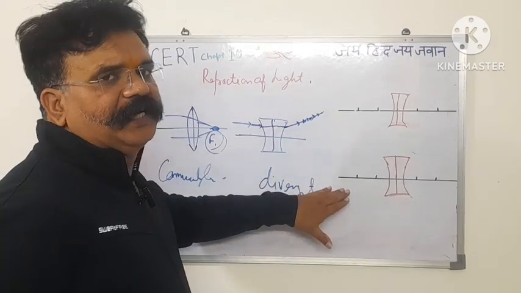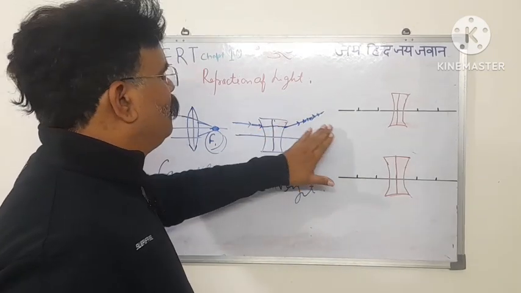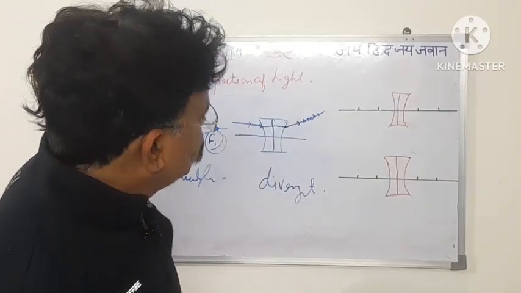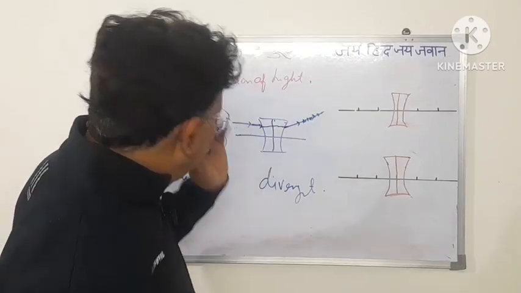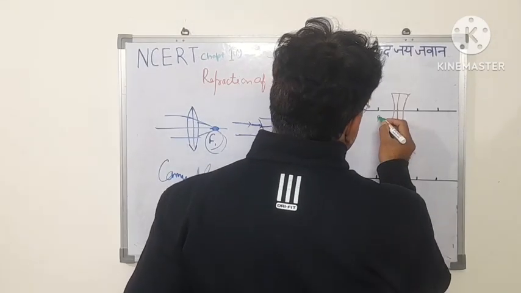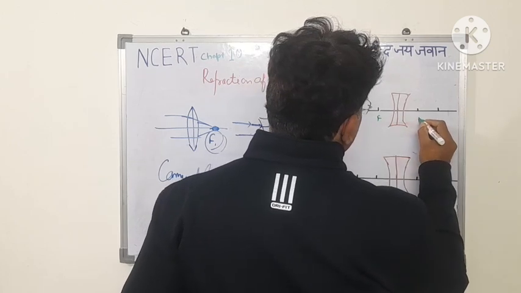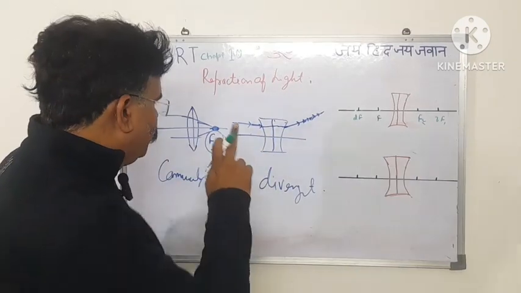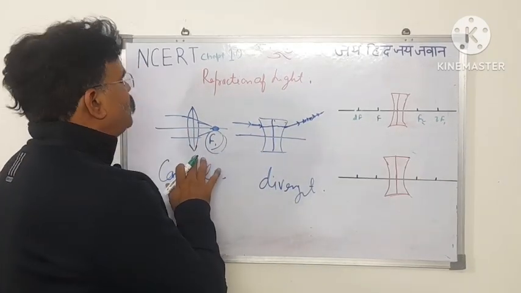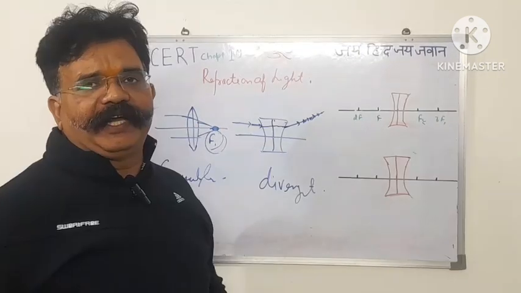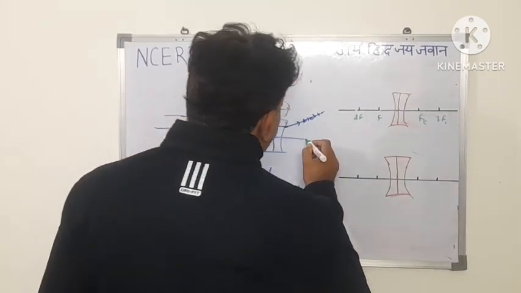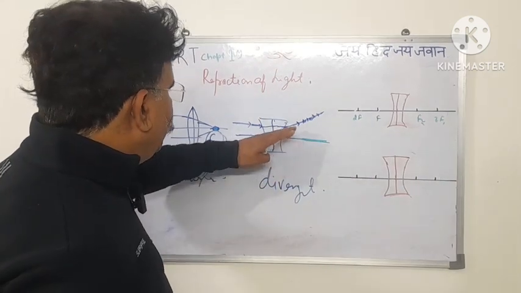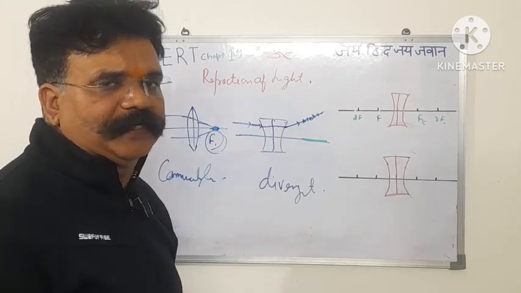So let us study refraction of light through concave lenses. As you have seen, again here F to F I will make. In the case of the concave lens, these rays are not diverted towards any point, so they never meet any axis or surface.